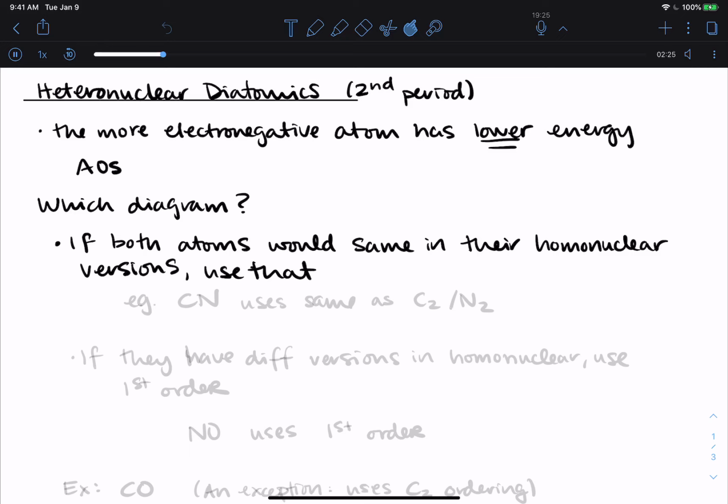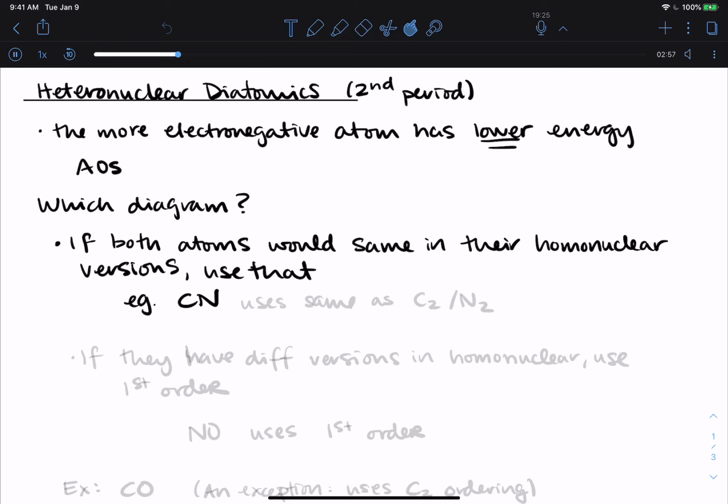CN: if I asked you to do anything for CN, it could be CN neutral, CN plus, CN minus, which I guess we don't technically have any examples for cations and anions, but you will deal with those in the exact same way that you dealt with cations and anions in Lewis structures, in that you just add or lose an electron.